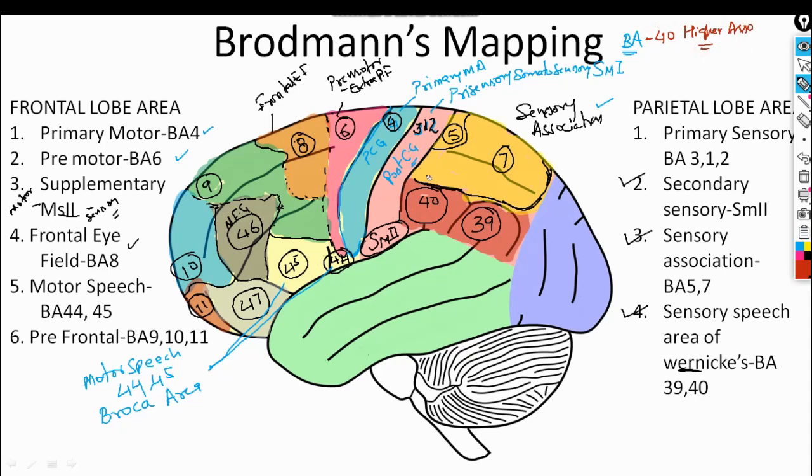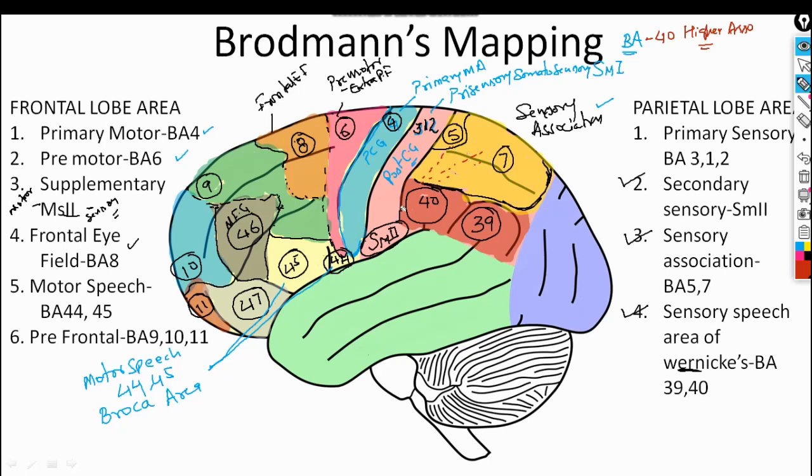Actually this area number 40 establishes a good connection with area number 7 and area number 5. So when we talk about the function of stereognosis, it has huge importance. Right now just know it has a good connection with area number 5 and 7.